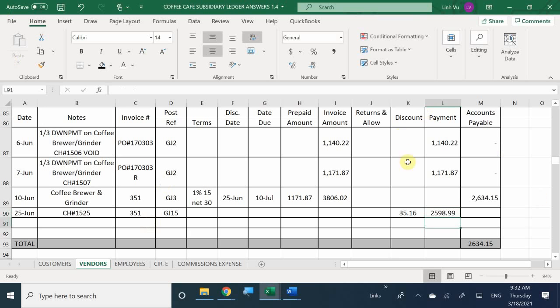So we should have a total negative of 2634.15, bringing our account balance down to 0. So we don't owe Hallie Bros anything, but we definitely owe the bank a lot of money.